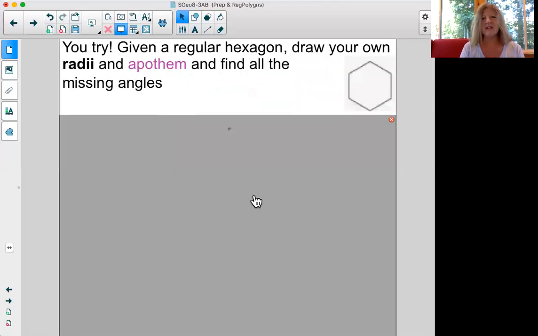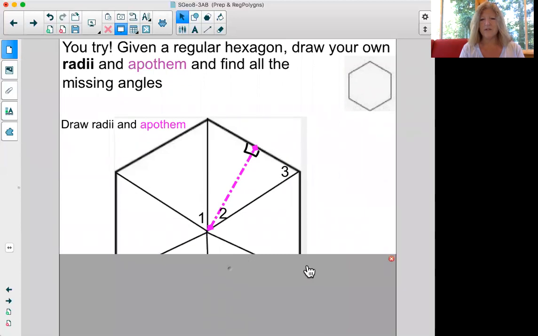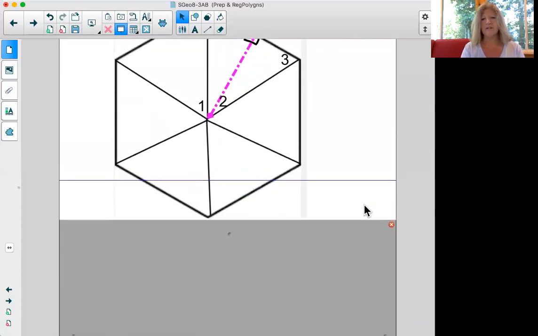All right, so now pause, draw the center point, draw the radii, draw an apothem, and then find all the missing angles. And then press play for the solution. All right, if you first of all draw in your center point, the black radii and the purple apothem. That's the first step.